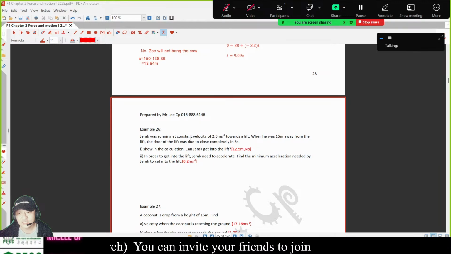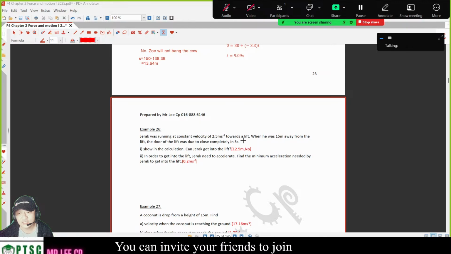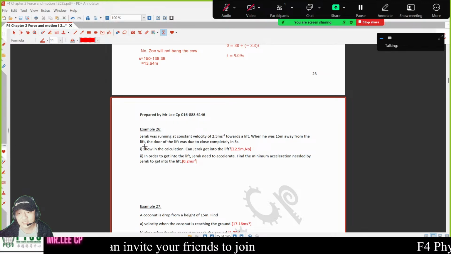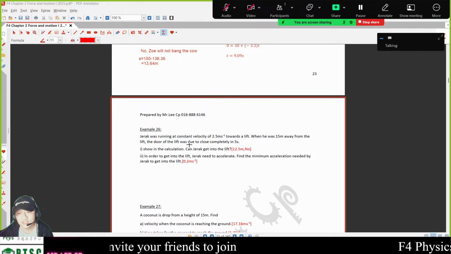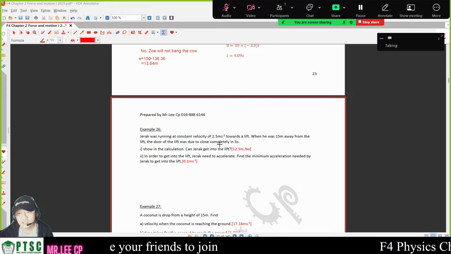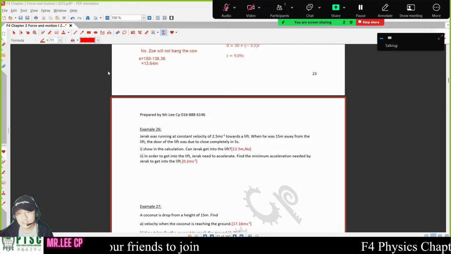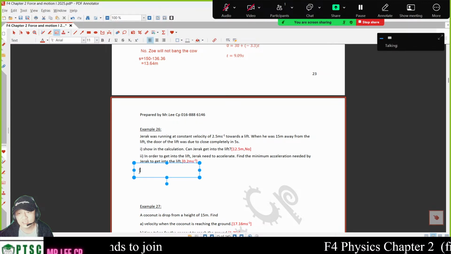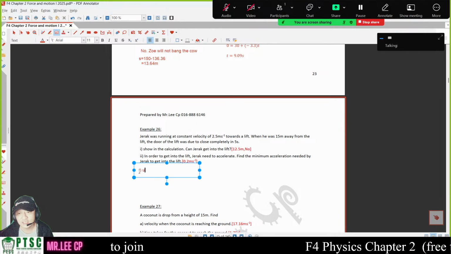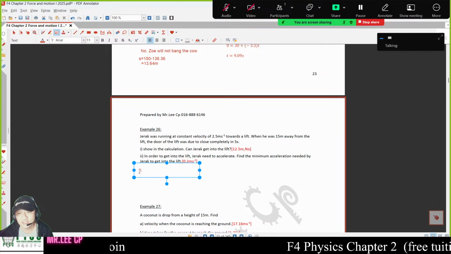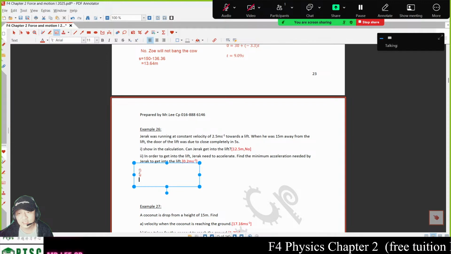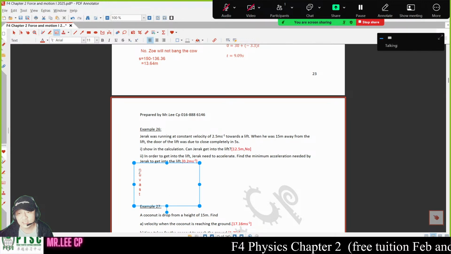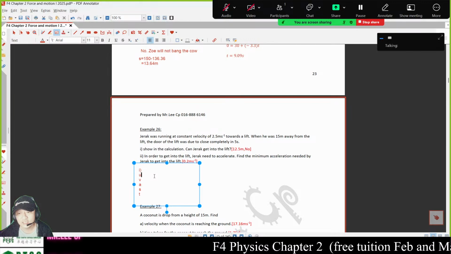Gerald was running at a constant velocity of 2.5 toward a lift. He was 15 meters away from the lift. The door of the lift will close in 5 seconds. So we're going to list it down. 我们把它放出来。UVAST.